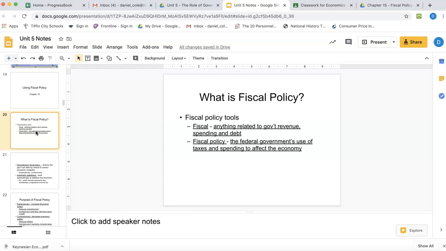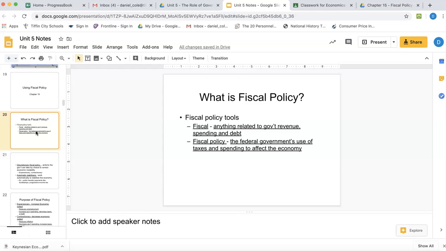Now, what we're going to focus on, though, is what we call fiscal policy. And this is the federal government's way of using their taxes and government spending programs to try to affect the economy. So last week you looked at all of the various programs that we have. All of those programs are a part of our nation's fiscal policy.